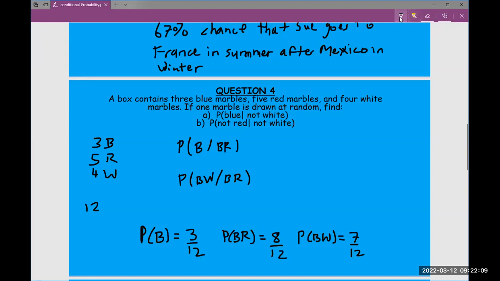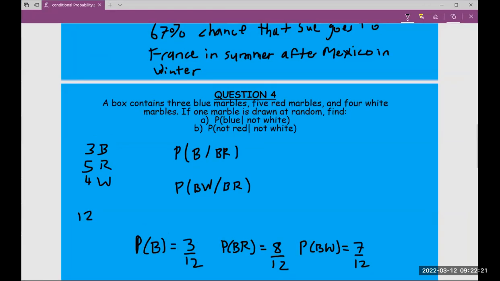All right, what does BW mean? BW is blue and white, right? For blue and white, I want you to put an intersection sign in between. When you're saying not red, you want them to say it can be blue and white, or you want to use a union sign. Either is fine.